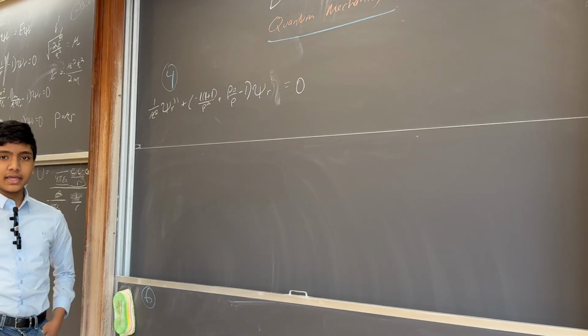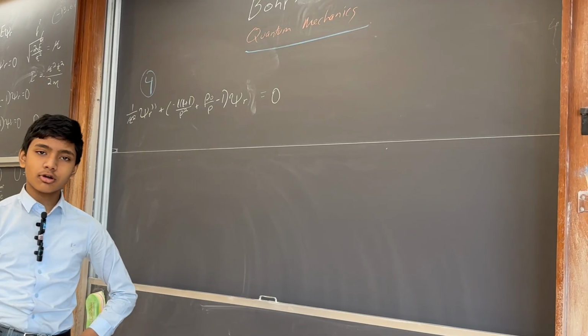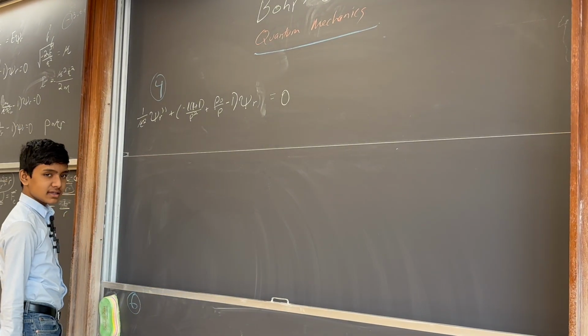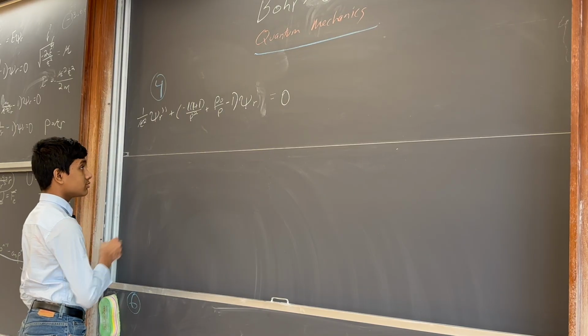So, can we analyze how the solution is going to potentially look near 0 and near infinity? Well, I guess we can try. So what happens? Well, near rho equals 0.